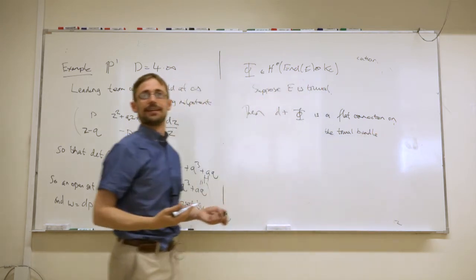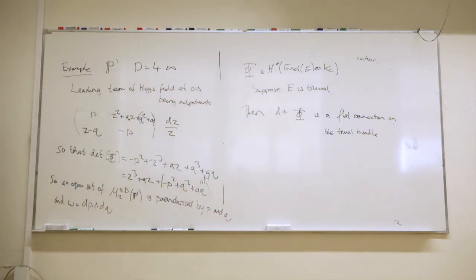And then if you have flat connections, you can ask how you can deform flat connections in such a way that their monodromy remains the same? So this is the topic of isomonodromic deformations.